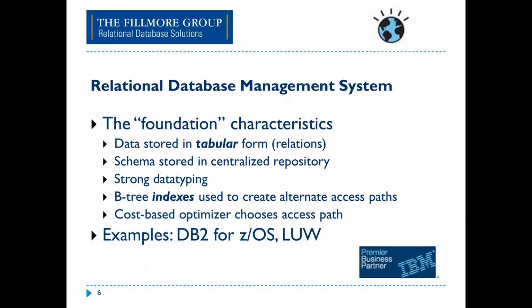So the data is stored in a tabular form known as relations, hence the name relational database. There are rows and columns. A row represents an instance of data, a customer, a patient, an insured, a student at a university, and then the columns are attributes or pieces of information, name, address, phone number, city, state, zip, salary, diagnosis, etc.